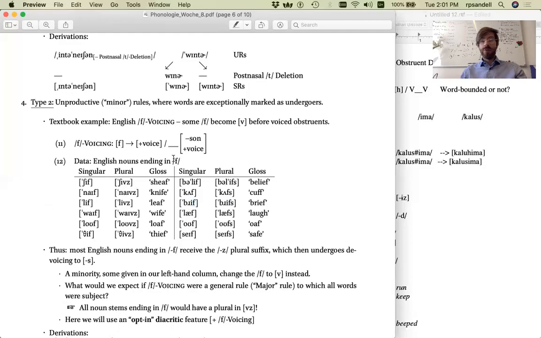And in general, the ones on the right constitute the majority, I think, in the English lexicon. The ones on the left are exceptional. So most nouns ending in an underlying voiceless labiodental fricative receive the plural suffix z, which then undergoes devoicing to s as expected. And there's a minority in the left-hand column that change the underlying voiceless labiodental fricative to a voiced labiodental fricative instead.